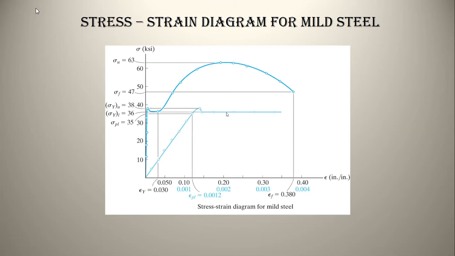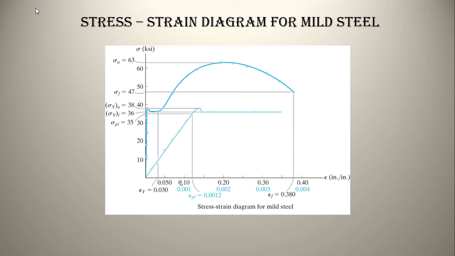So there's the yield strength. Now, first thing I need you to understand is the difference between these two scales. These two graphs differ really only in the horizontal scale. The upper one, which is the black scale, refers to the upper graph, which is this one.